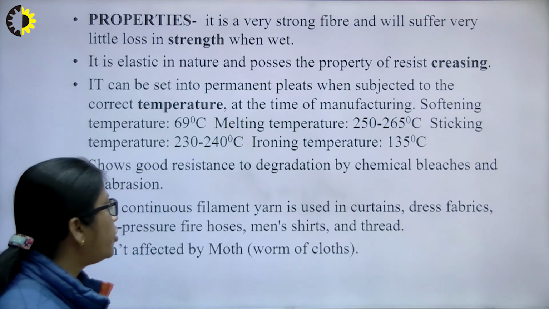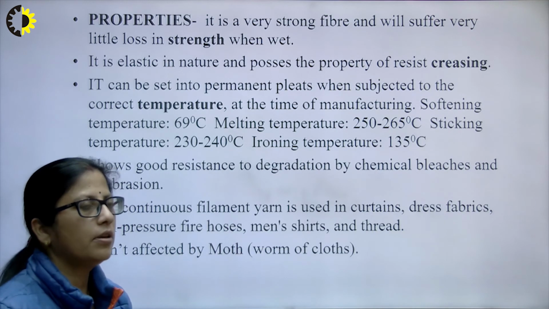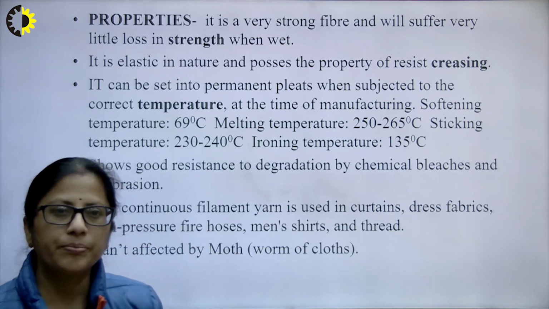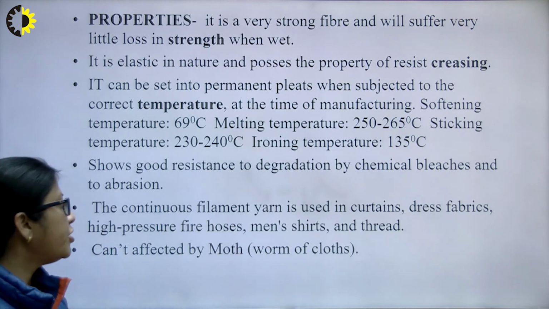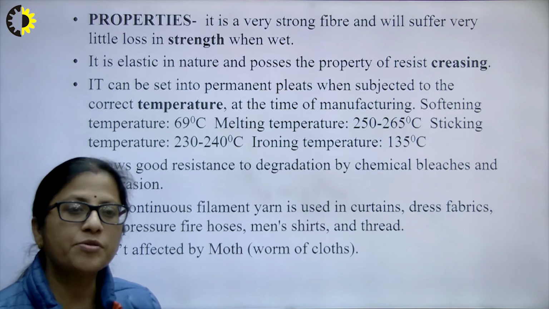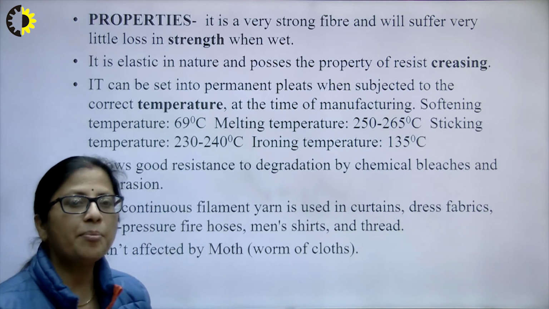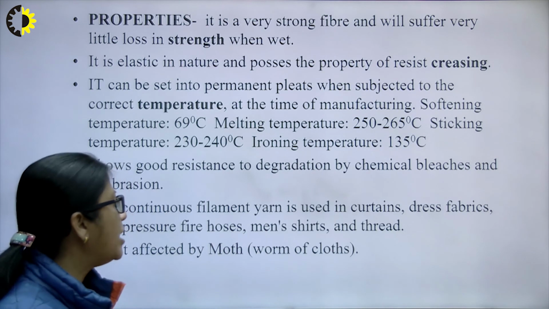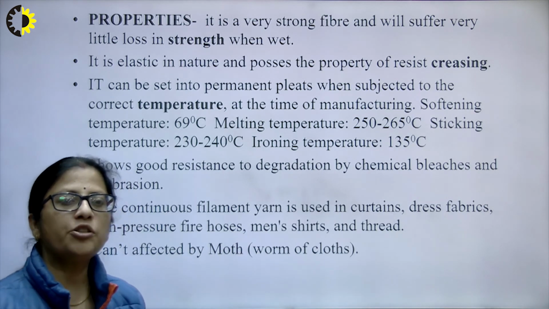So it shows good resistance to degradation by chemical bleaches and to abrasion. The continuous filament yarn is used in curtains, dress fabrics, high pressure fire hoses, men's shirts and in making thread.